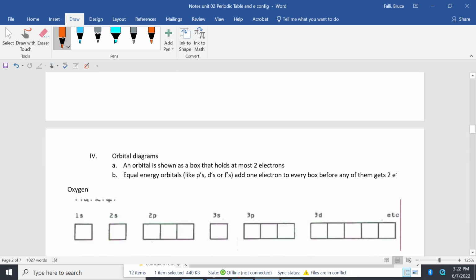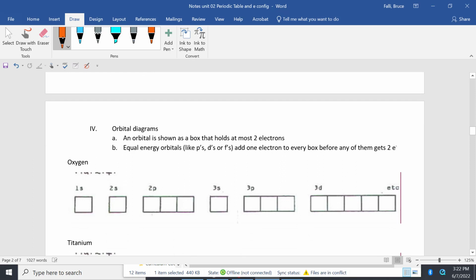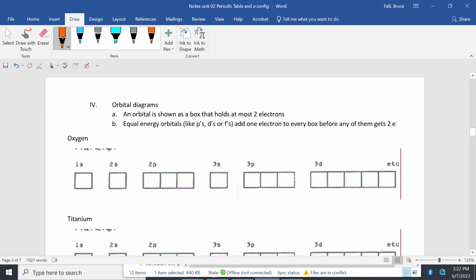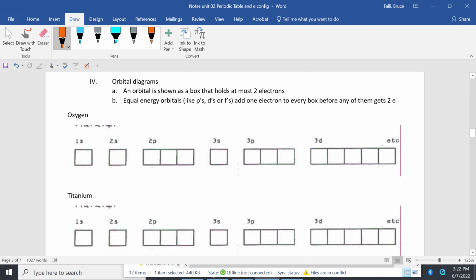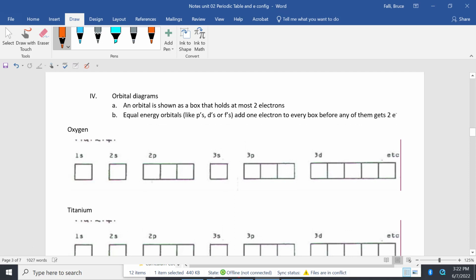Okay. Part 4, orbital diagrams. An orbital is shown as a box that holds at most 2 electrons. Equal energy orbitals like p's, d's, or f's add 1 electron to every box before any of them gets 2 electrons. So here's oxygen. If I were to do oxygen's electron configuration, and this is going to be super fast for me doing it, 1s2, 2s2, and then oxygen is 2p4.